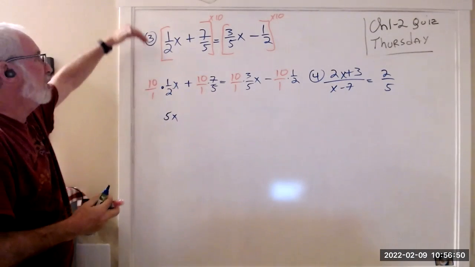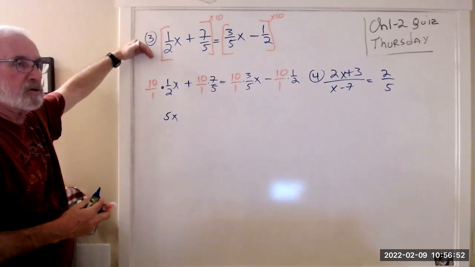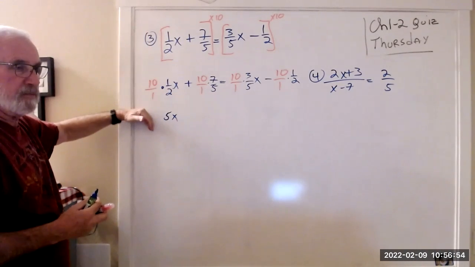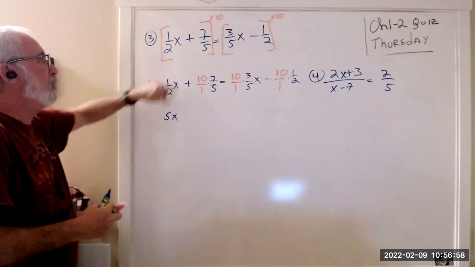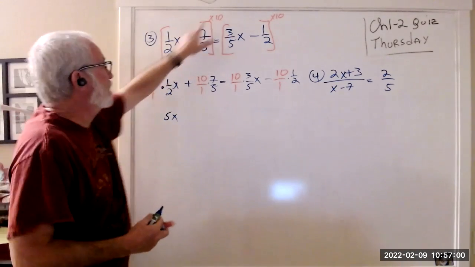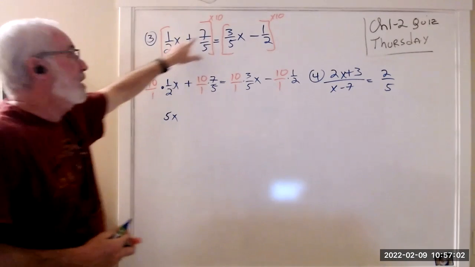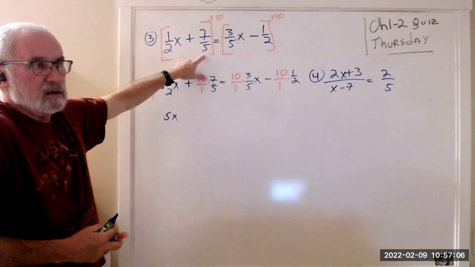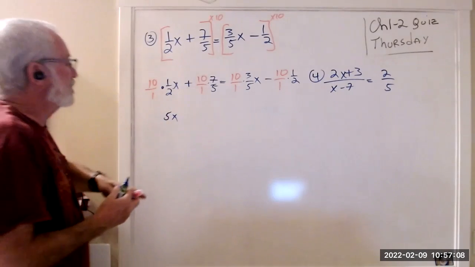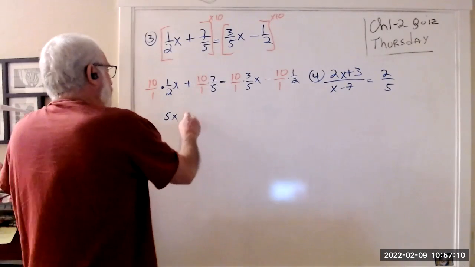Some of you can jump from this step to this step because you're good at fractions, or you just know that I'm going to do 10 times a half on my calculator and 10 times 7/5 on my calculator. That's okay. When you do 10 times 7/5, I believe you get 14.